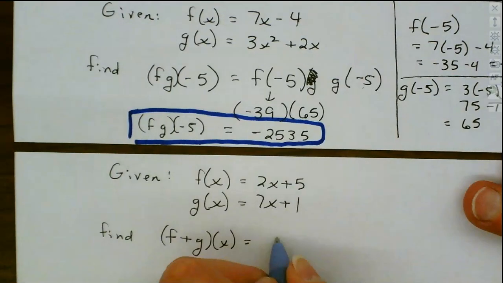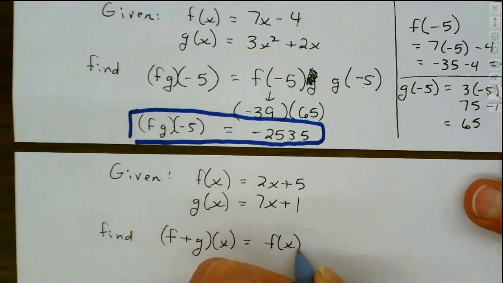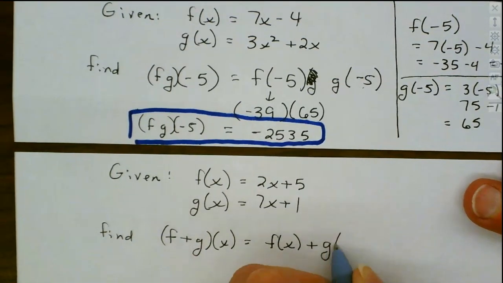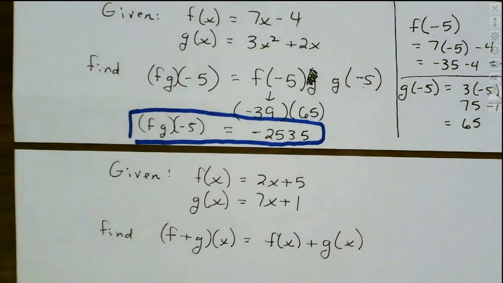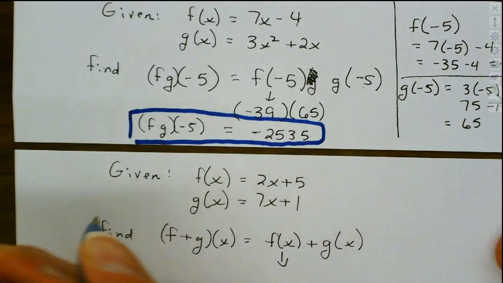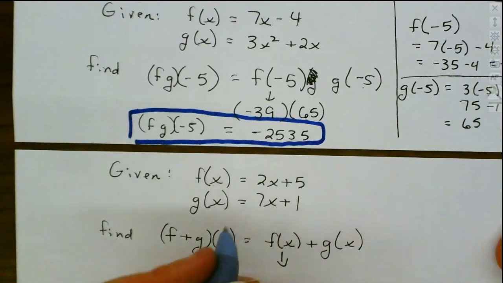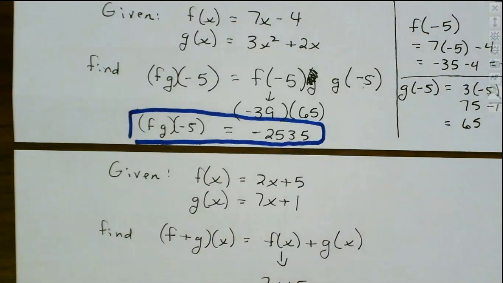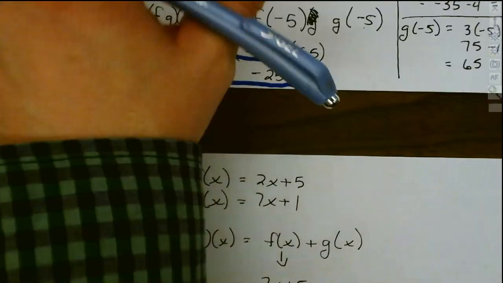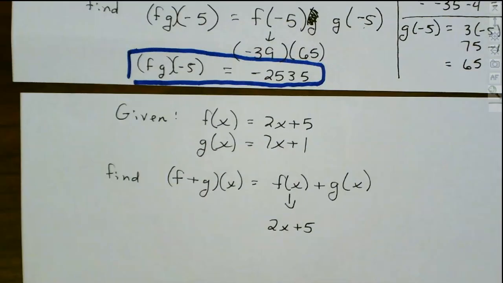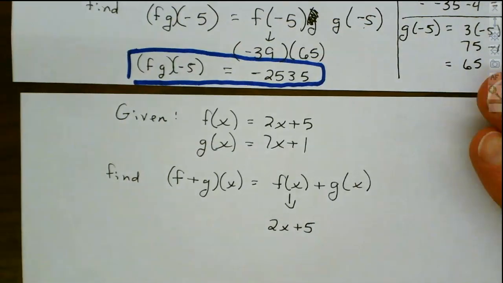Now we rewrite. So this is going to be f of x, when I rewrite it, plus g of x. Now, what do we know about f of x? What is f of x given to be? It's given to be 2x plus 5, right? So f of x is 2x plus 5. What about g of x?